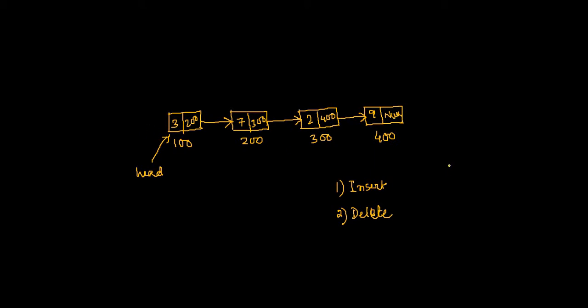So that means we have 3 possibilities here. That is before the 1st node, second one is in the middle, and the third possibility is at the end.